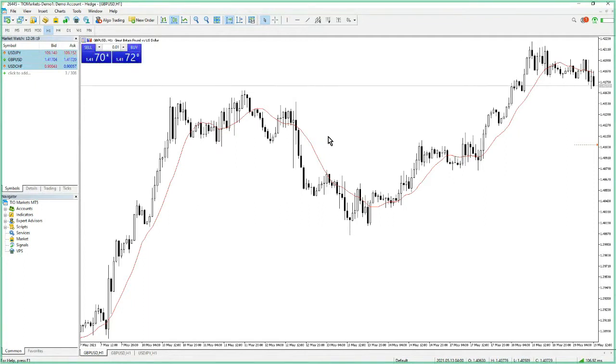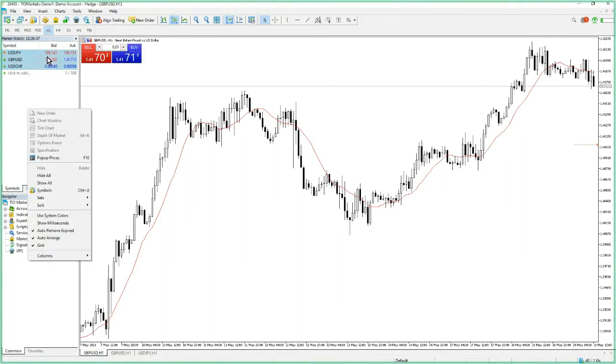Okay. Then the next step here is to make sure that we have all the trading instruments we need. So go to Market Watch and right click on it.